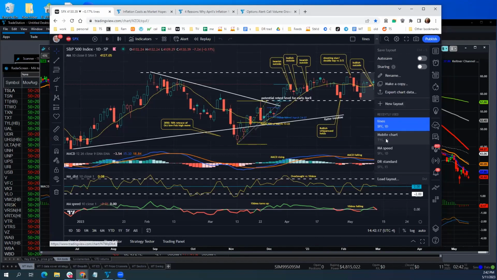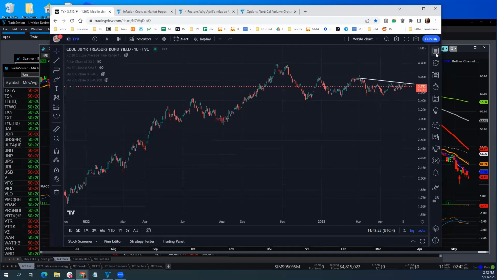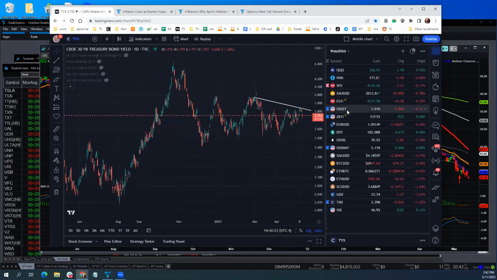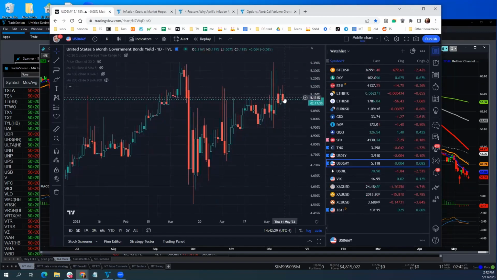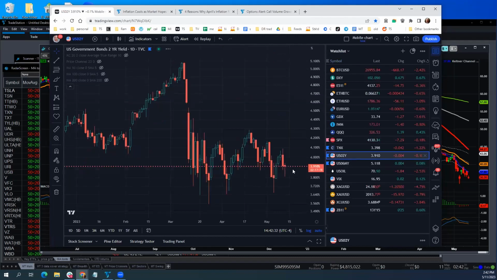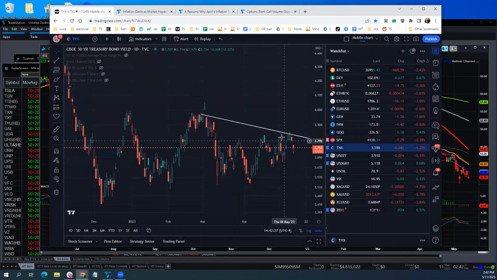But let's look now at my watch list, because I have a series of treasury yields here. And this is important in my opinion. The 6 month is still way up here. The 2-year is inching lower, and the 10-year is falling, and TYX, which is the 30-year. In my view, what we're going to see happen is the curve is going to get more inverted, which is bad for these guys.